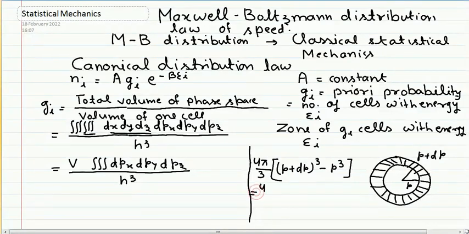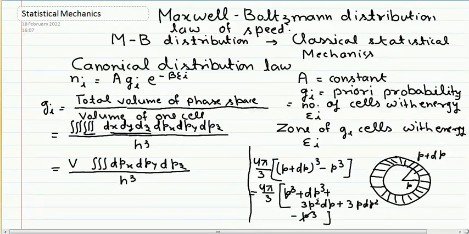Let us expand the bracket: P cube plus dP cube plus 3P square dP plus 3P dP square, and then minus P cube. This P cube gets cancelled with the other P cube, and we have the terms dP cube and dP square. Because dP is a very small quantity, dP square and dP cube will be even smaller, and we can neglect these two terms.